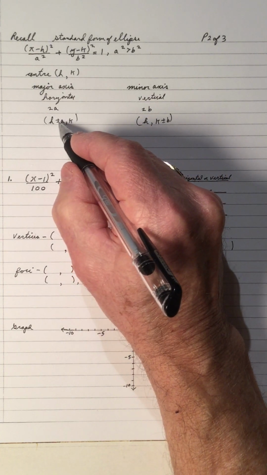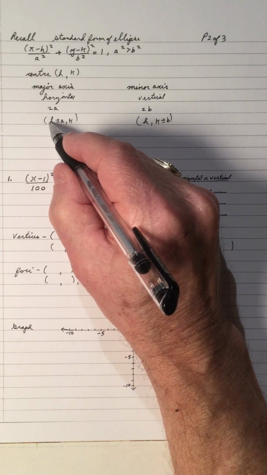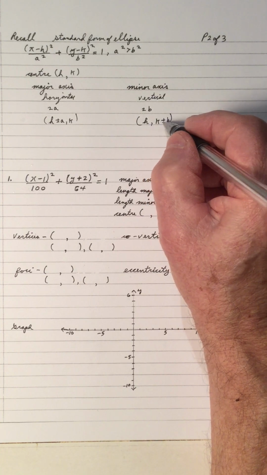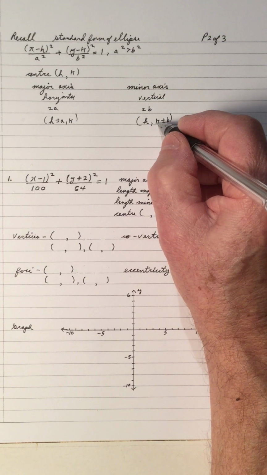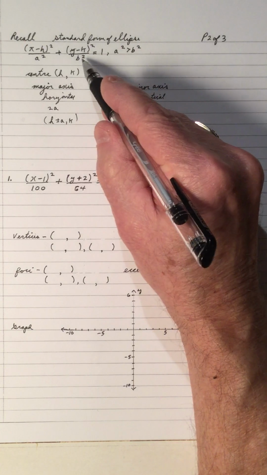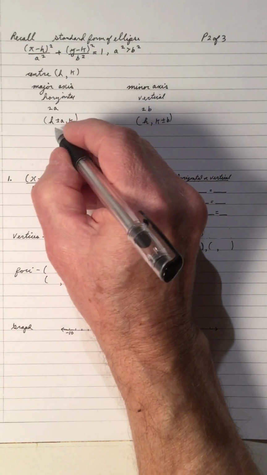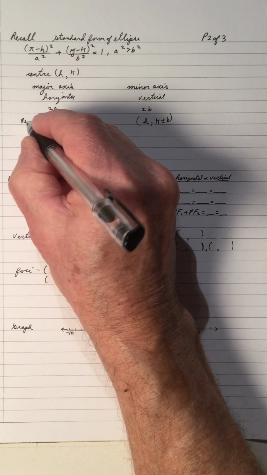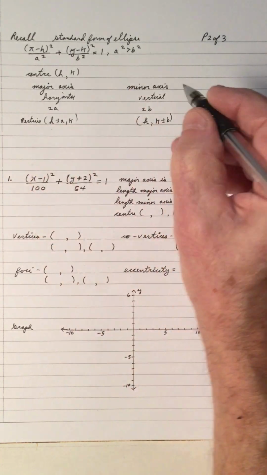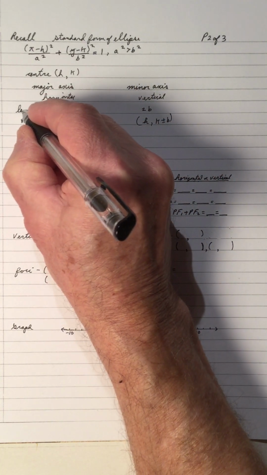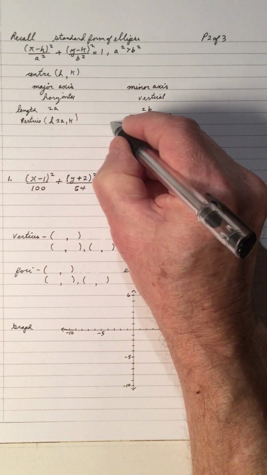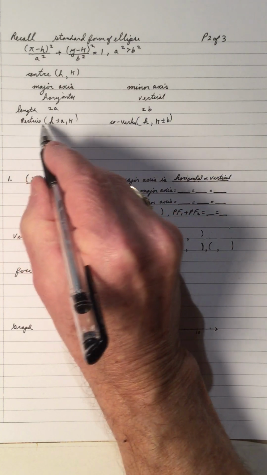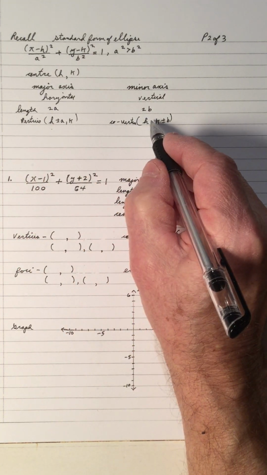So the stretch a is added to the x, plus or minus, and for the vertical you add to the y to go up and down: k plus or minus b. These are the marked vertices here, and this is the co-vertices. Again, vertices lie on the major axis, co-vertices lie on the minor.